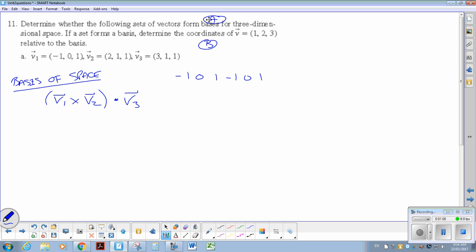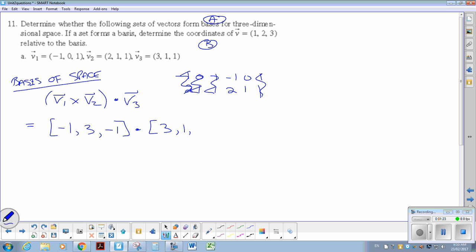Hopefully I can do this properly. 1, 1. So the cross product here would result in 0 take away 1, 2 plus 1, negative 1 plus 0. So hopefully I did that cross product properly.